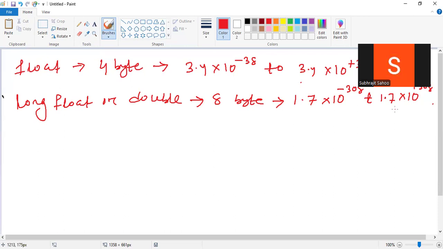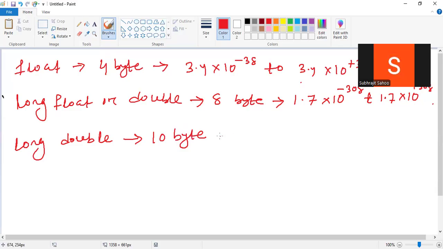Suppose I want a number even bigger than that. They gave one more solution: long double. In the C language, the long double data type is also there. Storage capacity is 10 byte. It is a very big number we can store.